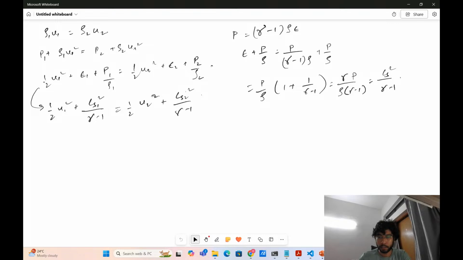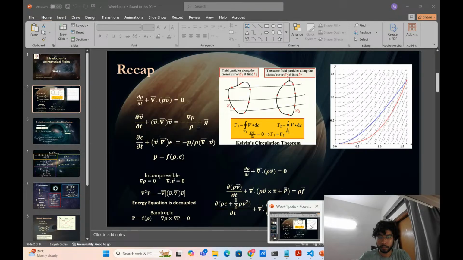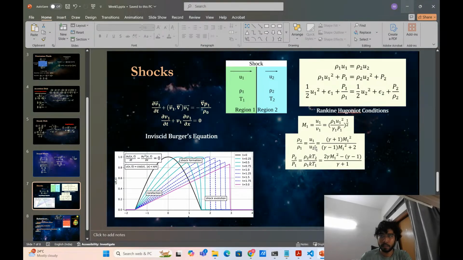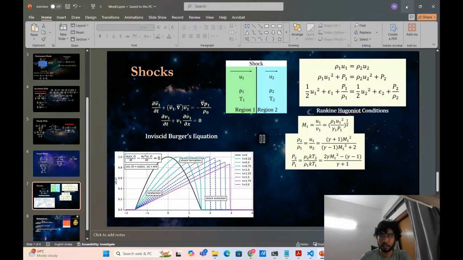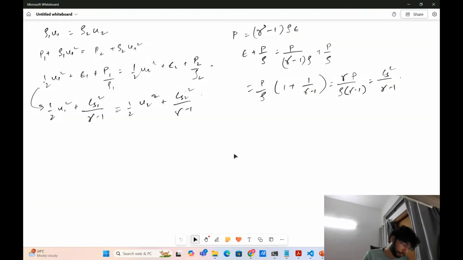Did I get the equations right? Let me check once. Okay. Now from 1, we get U2 square equals rho 1 square by rho 2 square times U1 square.